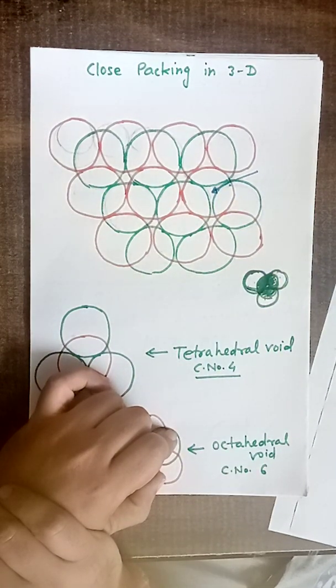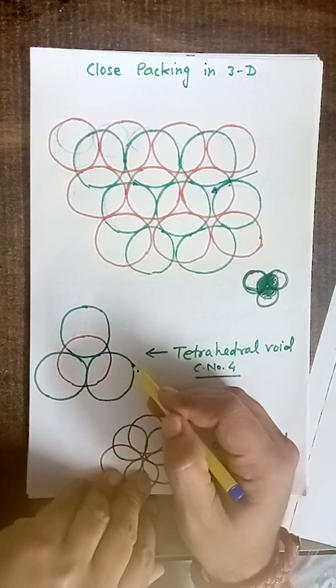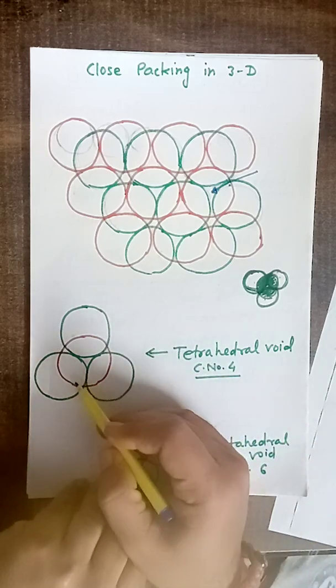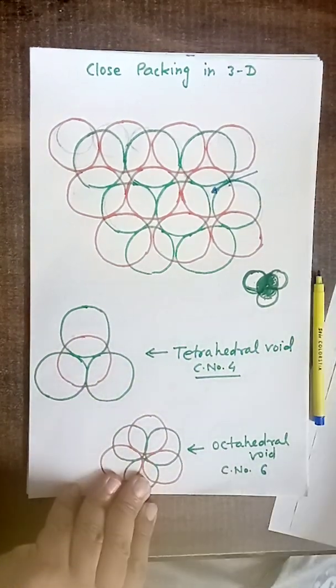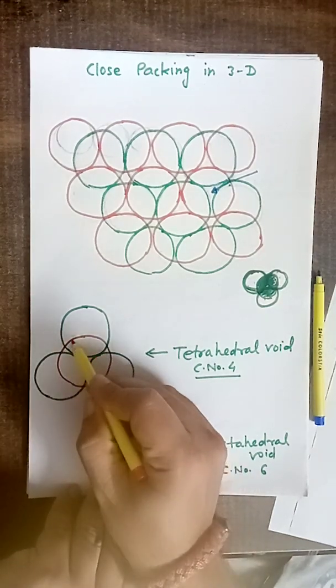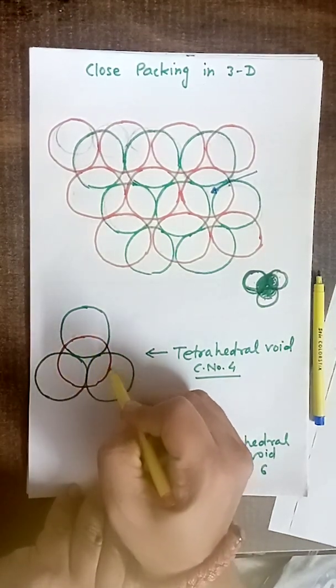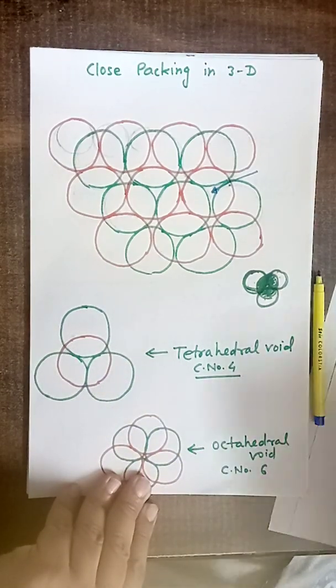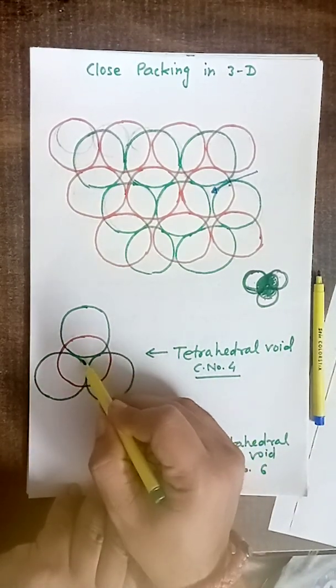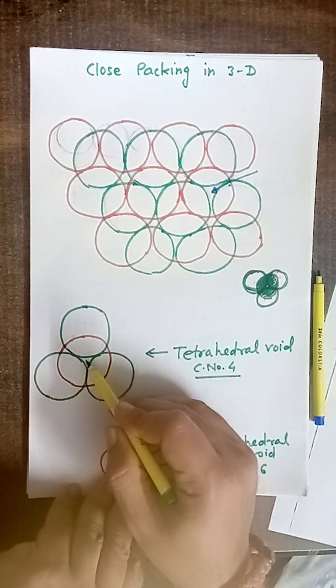1 particle, that is a red particle of the first layer, and 3 green particles, which are the particles of the second layer. You can see here, this is the red particle of the first layer. Here I isolated this for better understanding, and over it you can see 3 more particles of the second layer, and the void formed here is surrounded by 4 particles.